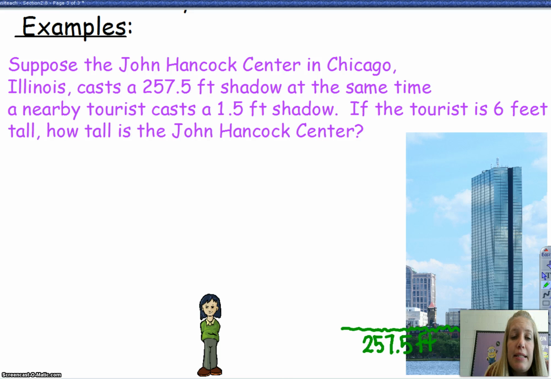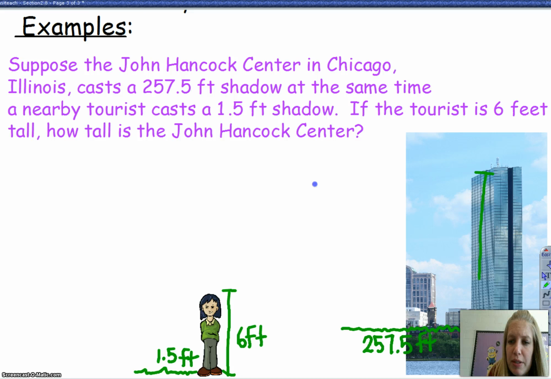Okay? And at the same time, a nearby tourist, here's my tourist, casts a 1.5 foot shadow. If the tourist is 6 feet tall, they want to know how tall is this building.